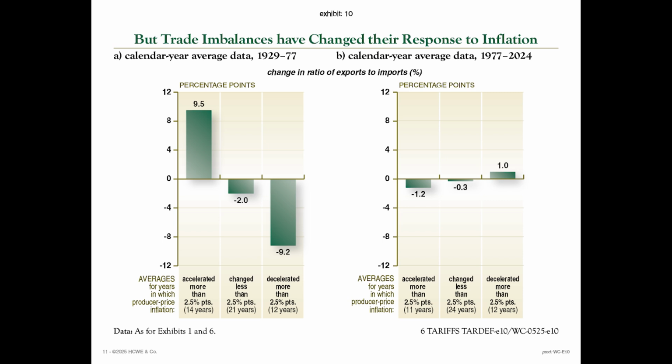And the relationship flips. Deflation shows up as adverse for the trade imbalance in the first half of the period, the first 40 or 50 years, but it's an improvement, although quite a small one, in the second 50 years.